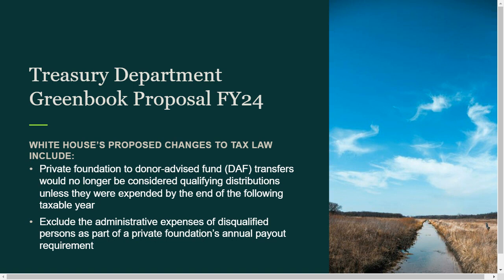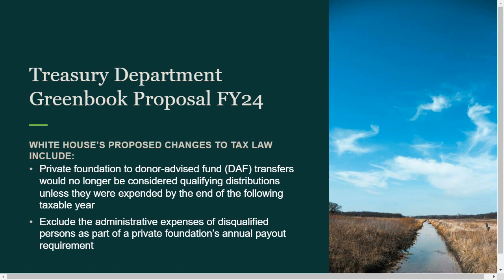Another item I wanted to highlight, the Green Book proposals, is that oftentimes private foundations get help in meeting their 5% distribution requirement through payments to disqualified persons in exchange for personal services, so long as those personal services are reasonable and necessary. The Green Book proposal is now saying that should change.